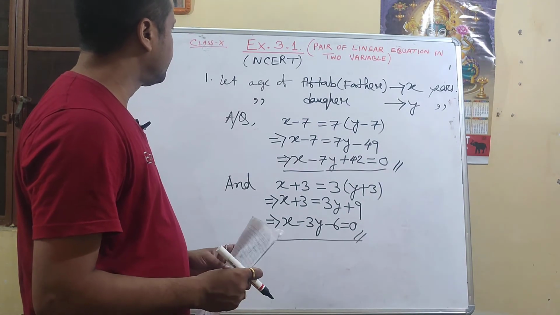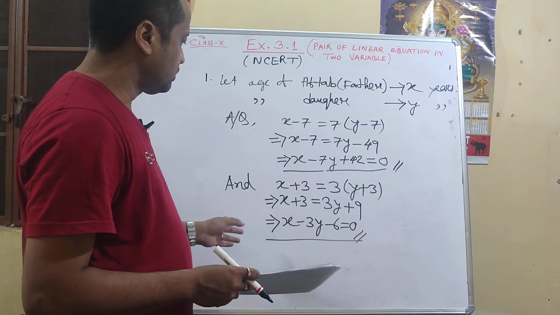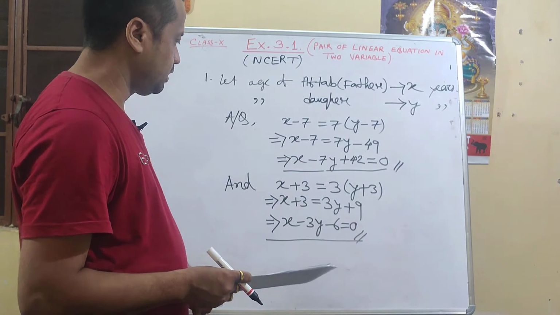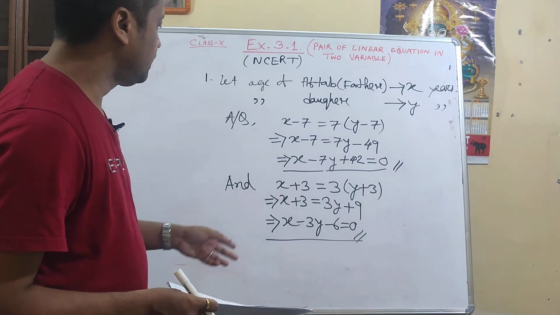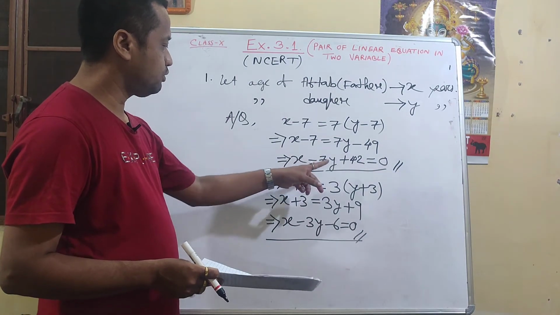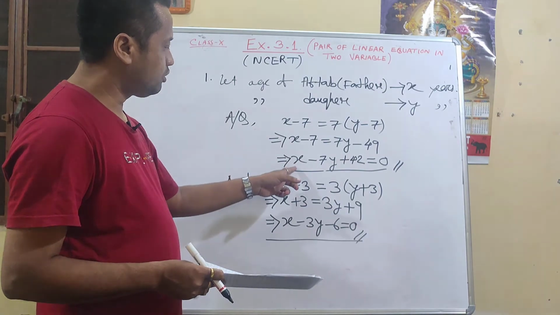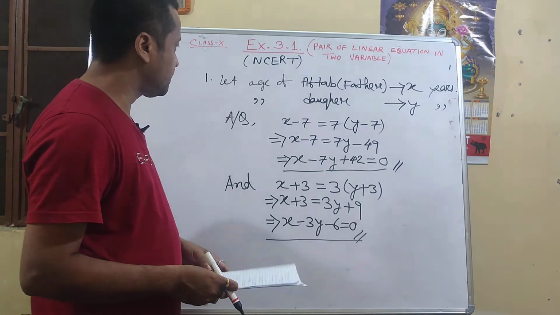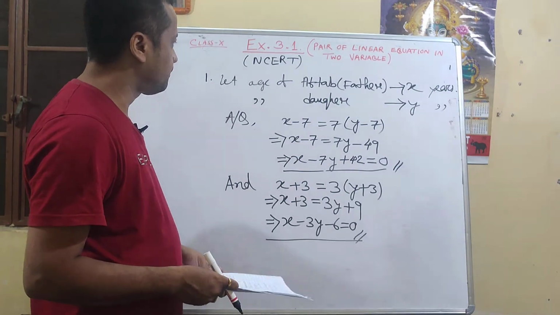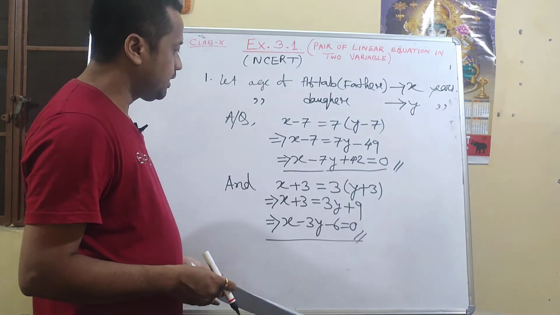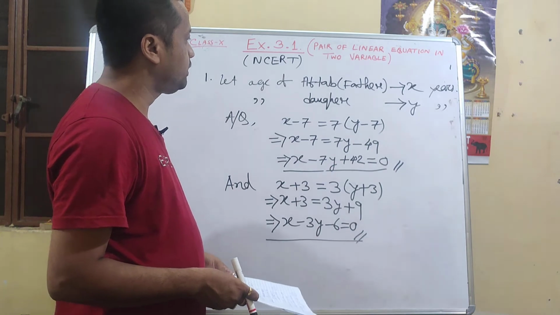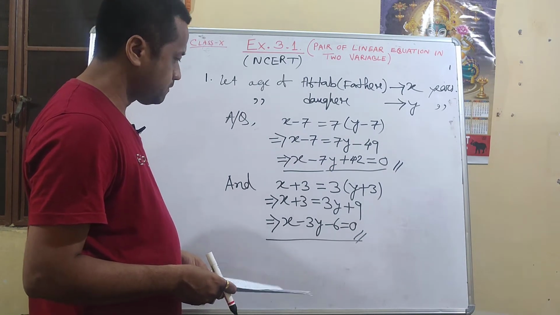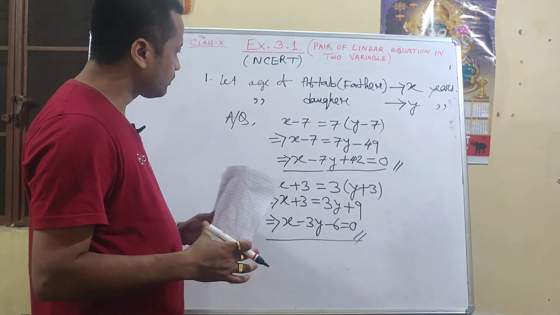In the next chapters we will discuss the methods of solving these two equations, that means we can find the values of the unknowns x and y. These unknown values will be the required answers, that is father's age, daughter's age, etc. So I think this is clear.